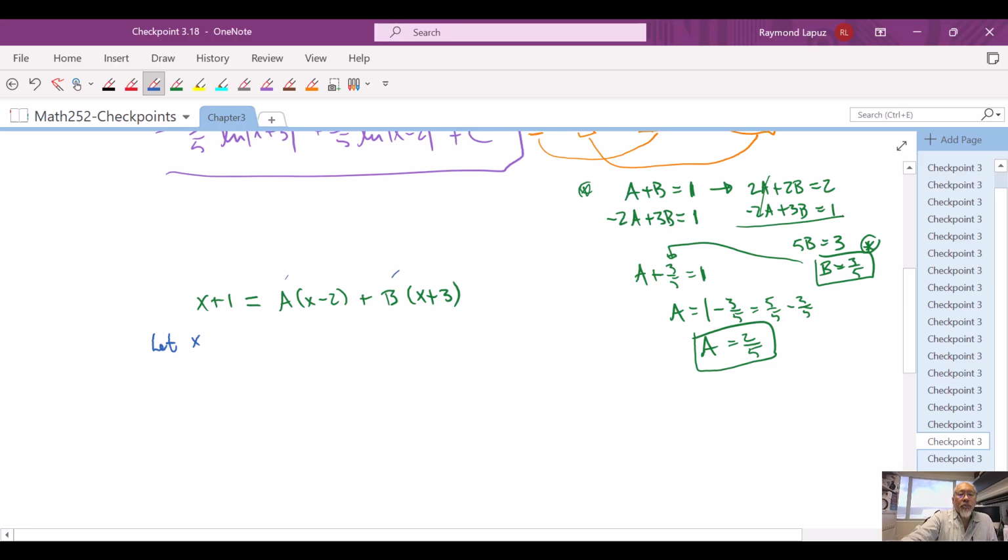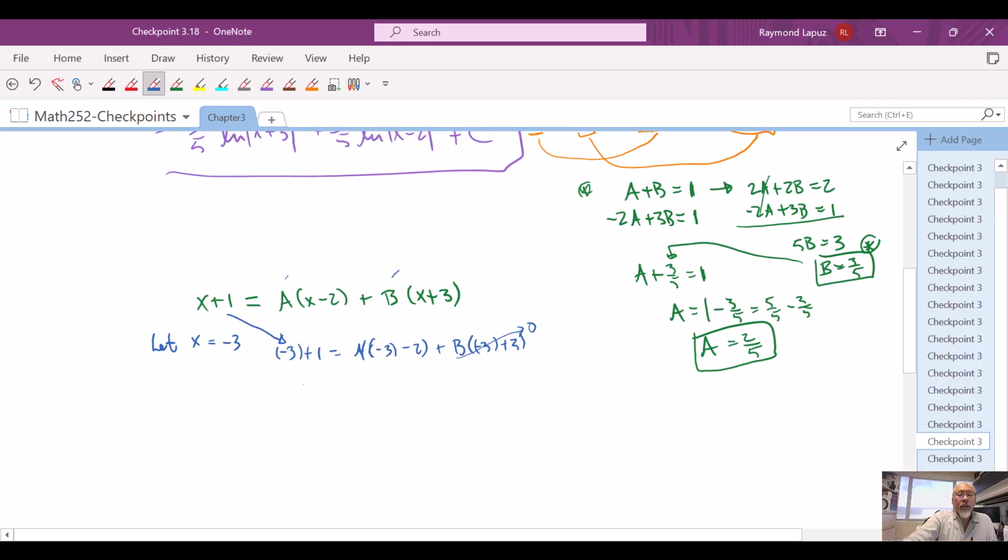For example, if we make the b disappear, let's let x equal to -3, and then putting that into the equation, I'll have -3 plus 1 is equal to a times -3 minus 2 plus b and -3 plus 3. And so this will be 0. And now we've gotten rid of b, essentially.